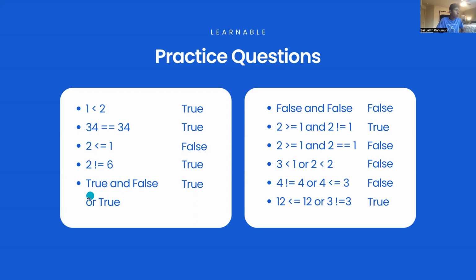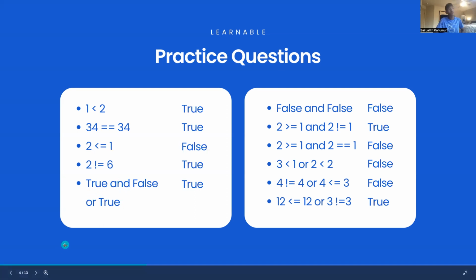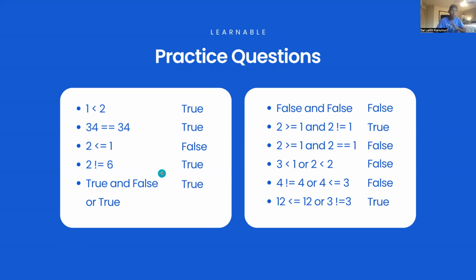True and false or true. This one you may have been stumped by a little bit because it has two expressions. So true and false. Let's go through this from beginning to end. We remembered that and means if both sides of the expression are true, then it's true. Even if one of them is false, then the entire thing is false.